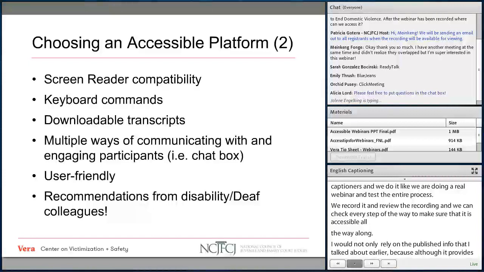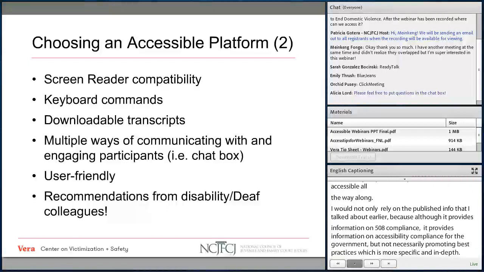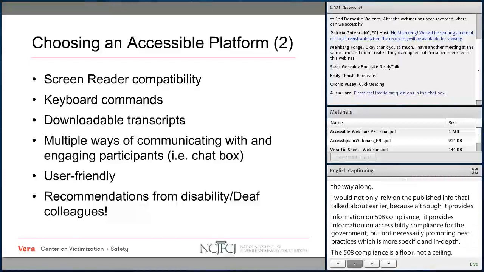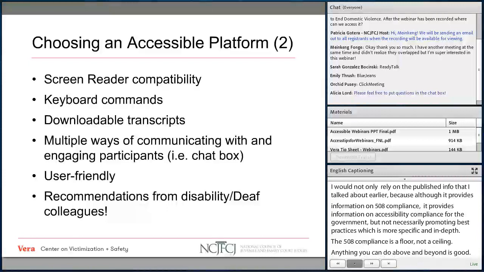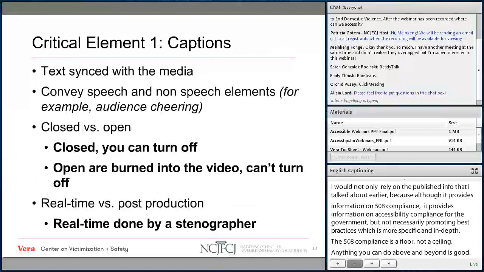I would say the 508 compliance is sort of a floor, not a ceiling, so anything you can do above and beyond that is good. So again, just really talking to people who have done this and have focused on accessibility within their online trainings is really the key recommendation for choosing an accessible platform.